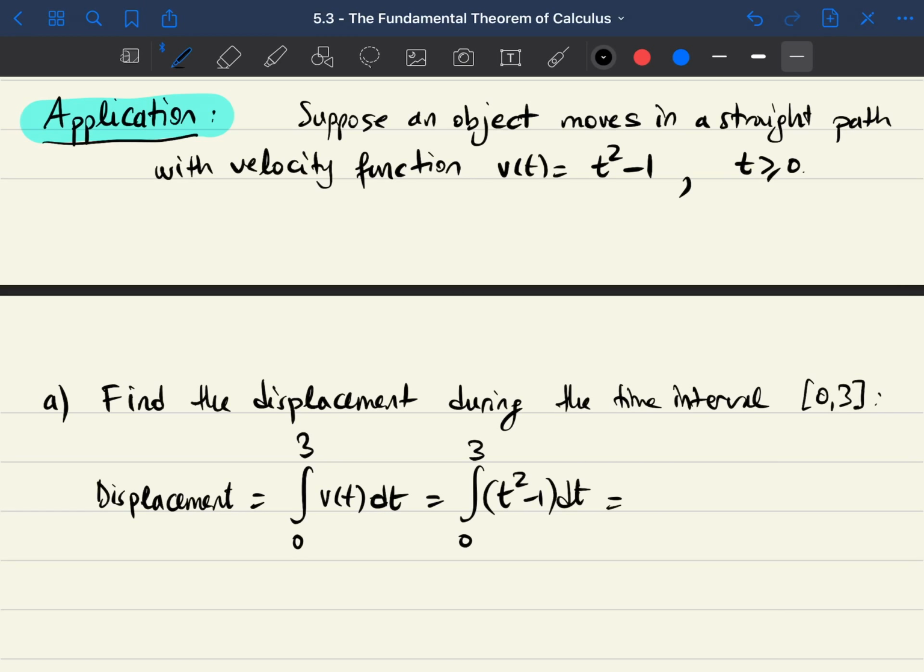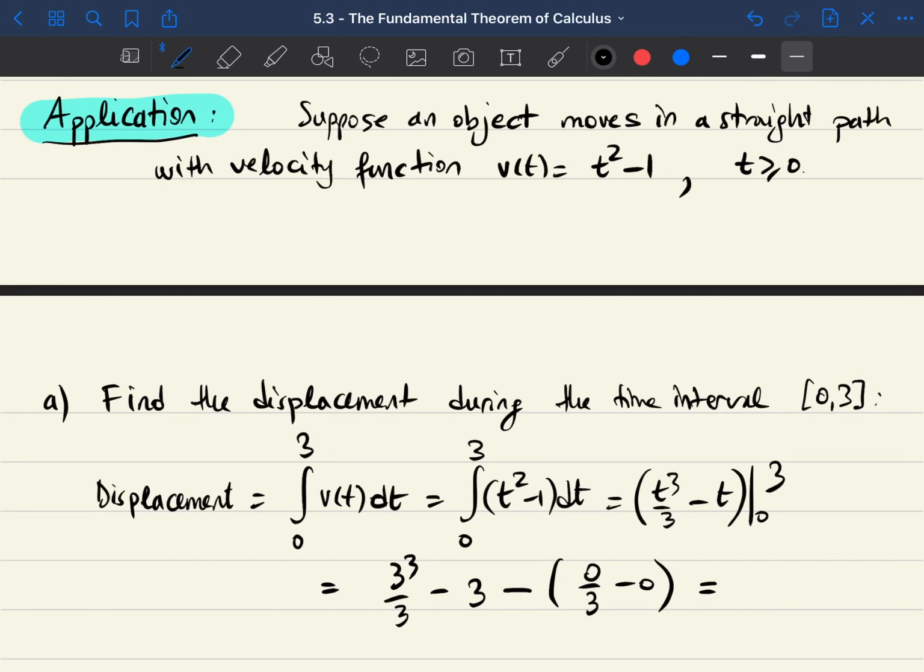So the integral of t squared minus 1 is t cubed over 3 minus t from 0 to 3. So if you plug in these, you have 3 cubed over 3 minus 3 minus 0. So this is equal to 6 units, okay?